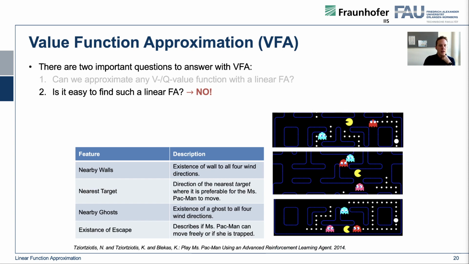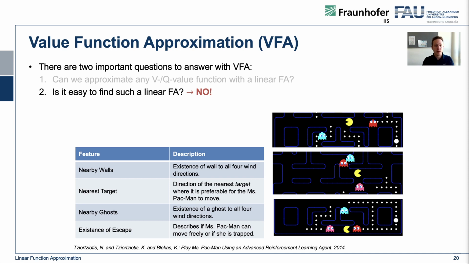With Pac-Man, it has also been managed in the past. We had a few ideas of this in the previous video, where you define features like whether there are nearby walls, the distance to the nearest targets, the nearest ghosts, and whether Pac-Man is trapped or not.